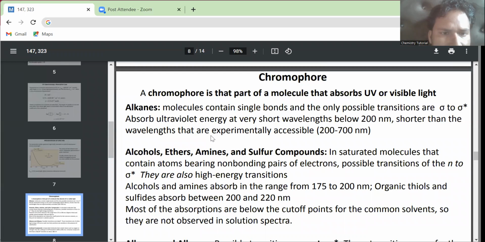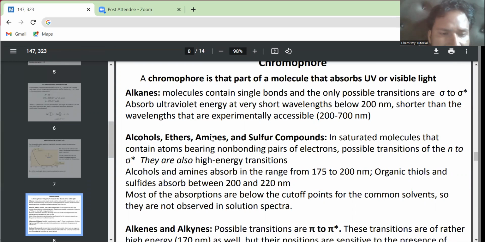In alkanes, the molecule contains only single bonds, and the only possible transition is sigma to sigma star. It absorbs ultraviolet energy at very short wavelength, below 200 nm, shorter than the wavelengths that are experimentally accessible, 200 to 700 nm.